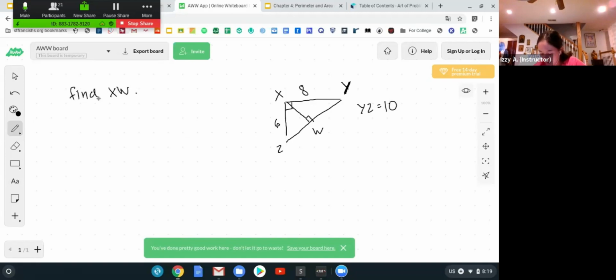Let's start with figuring out the areas of different triangles. Let's start with triangle XYZ. The area of XYZ is going to be, if you tilt your head towards the right, XZ is the base and XY is the height.